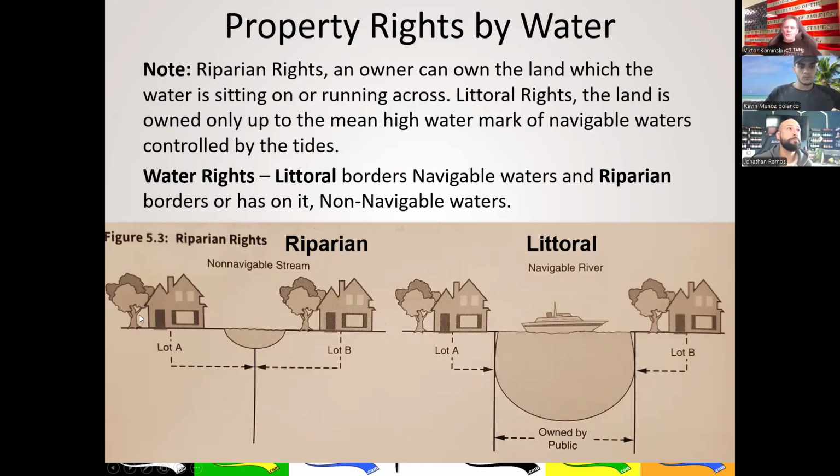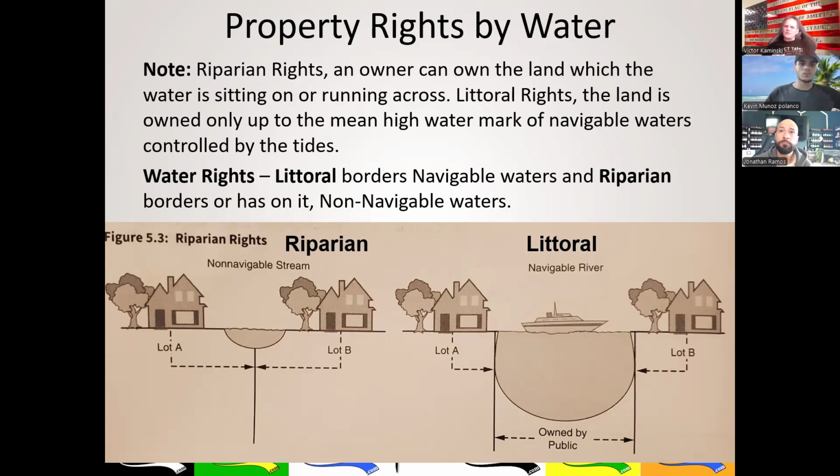So each property owner owns up to the center of the stream. If that waterway is navigable, where commercial shipping can go through it, each property owner only owns up to the edge of the high water mark, the edge of the water where it is at high tide.